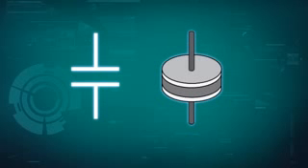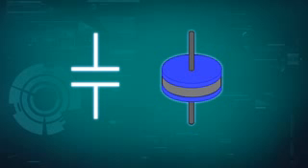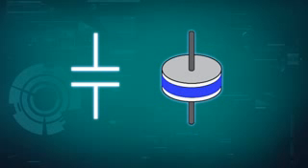Let's further discuss the construction of a capacitor and how it gains the ability to store a charge. Its symbol basically summarizes its construction. A capacitor is constructed by separating two flat conductors with an insulator. In capacitor terms, the insulator is called a dielectric.